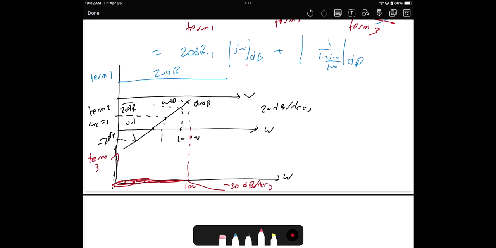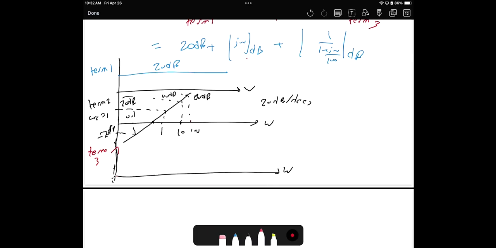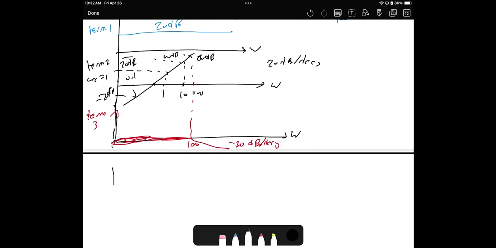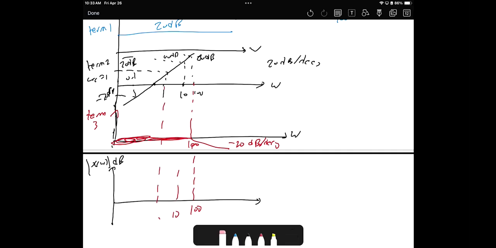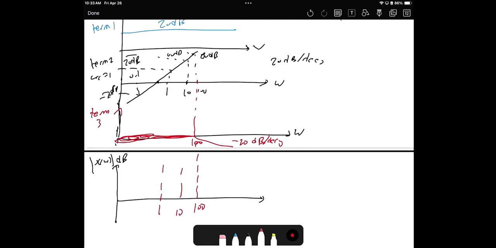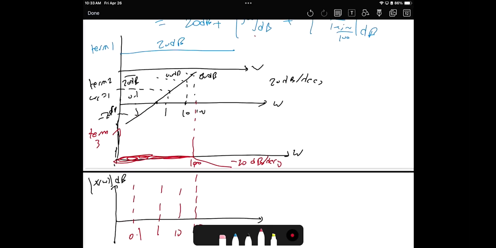Okay? So how will the scenario look like? Basically, the sum, or X of omega in dB, the magnitude. We need to put all of the frequencies: here we have 100, then 10, 1, then 0.1. Let's start from 0.1.